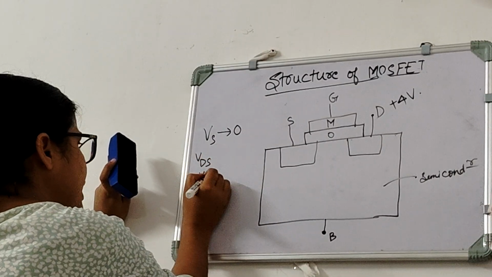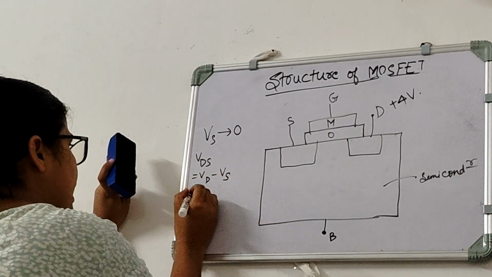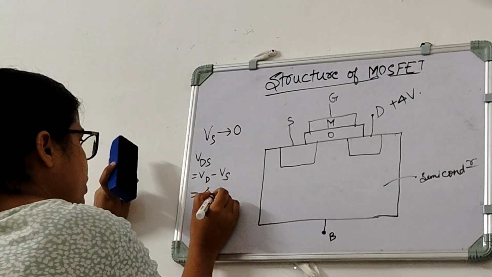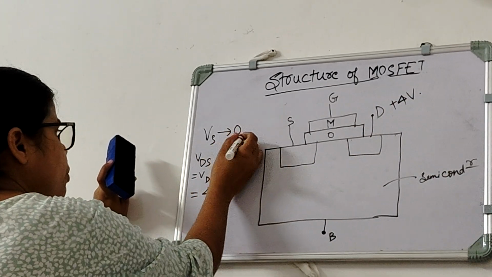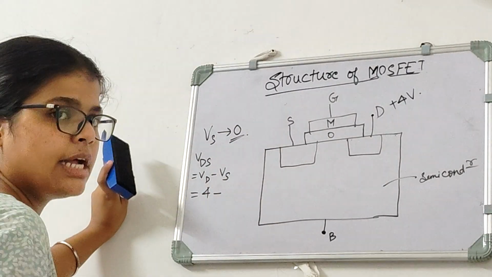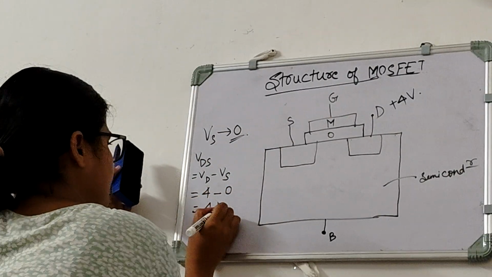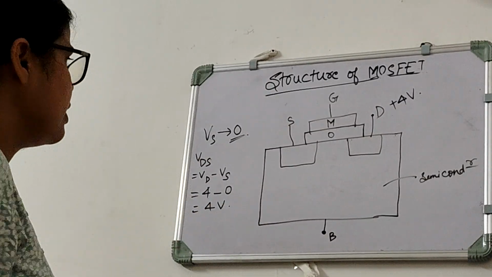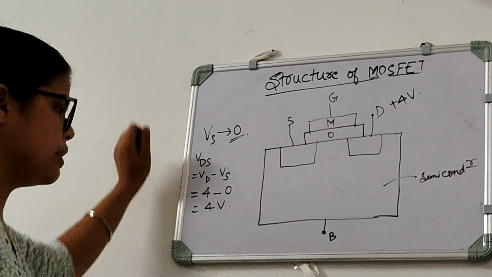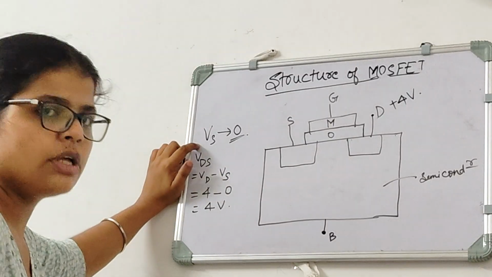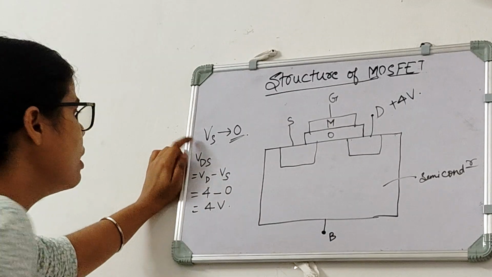VDS equals VD minus Vs, and since VD I have applied 4, it will be 4, and Vs we know we have to take as the reference voltage, that is 0, so VDS will be 4 volts. So for our easy discussion, we will consider source voltage to be the reference voltage and we will take it as 0.